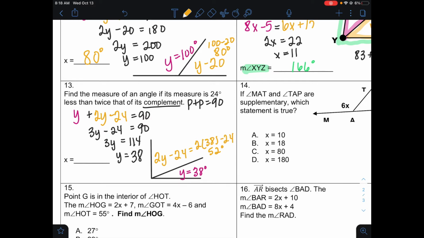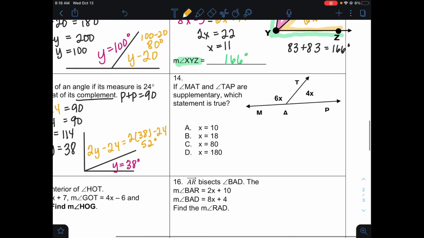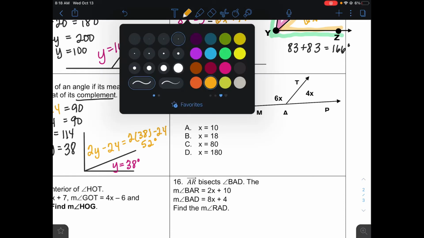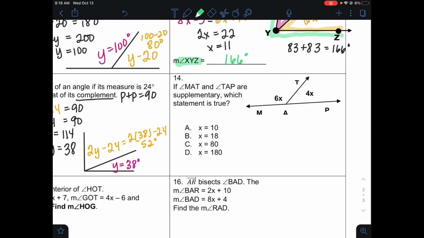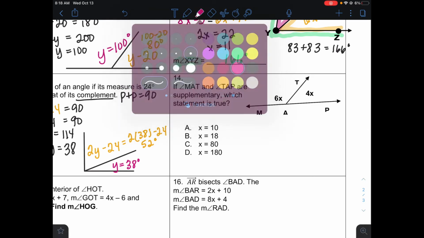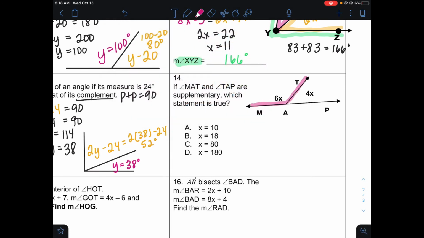Okay, so which one is it asking for? It says find the measure of an angle if its measure is 24 less than twice its complement. Okay, so that'll be the 52 one. Okay. Number 14, if MAT and TAP are supplementary, which statement is true? Well, let's take a look. All right, so supplementary means part plus part equals 180.